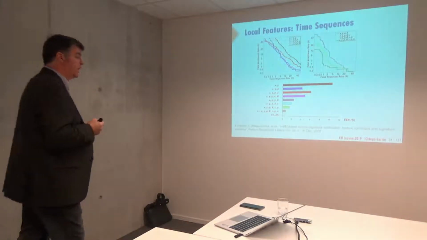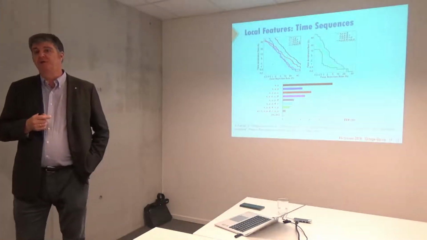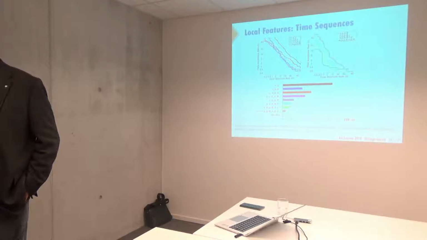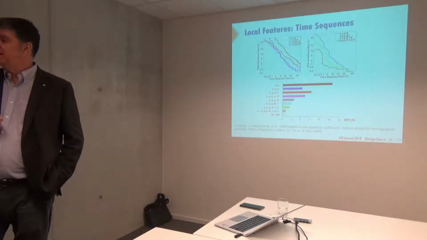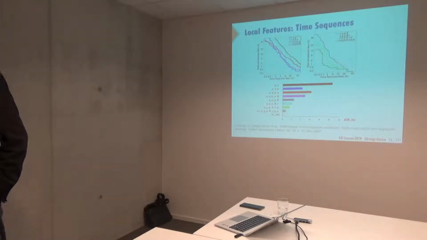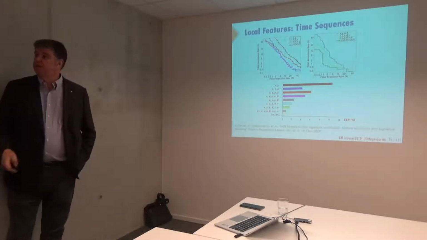Here in particular, we are using a data set of 300 users with around 100 samples per user and 100 forgeries per user to have these global equal error rate numbers.